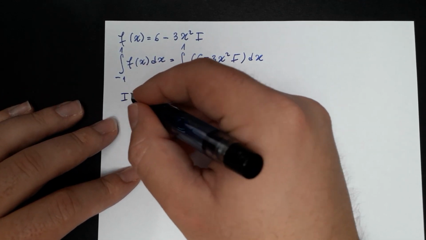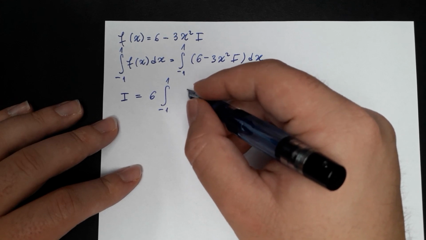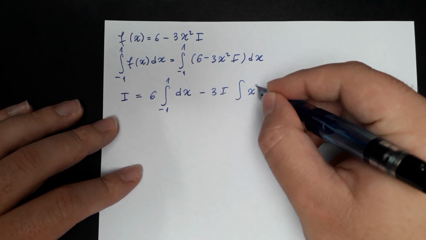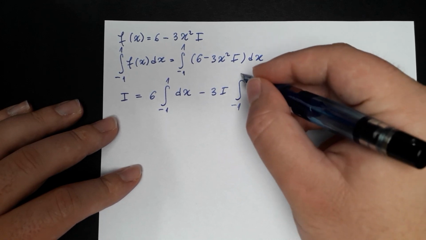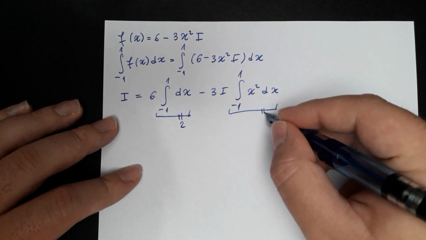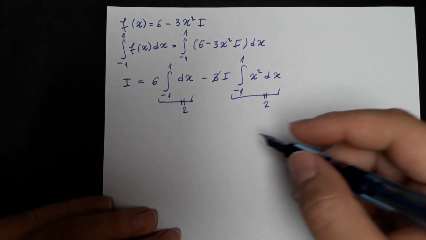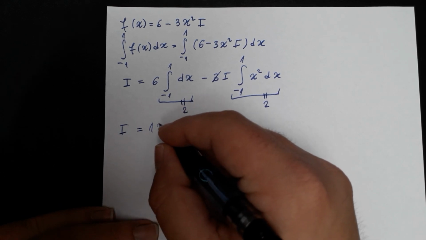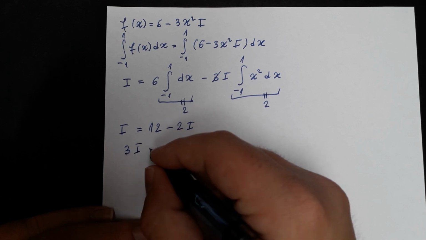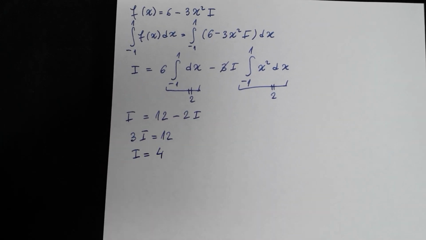We get that I is equal to 6 times the integral from -1 to 1 of dx minus 3I times the integral of x squared dx from -1 to 1. We know that this is 2, and we know that this integral is 2, and it is going to cancel out with this 3. So I is equal to 12 minus 2I, giving us that 3I is equal to 12, basically I is equal to 4.